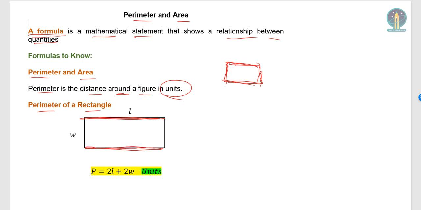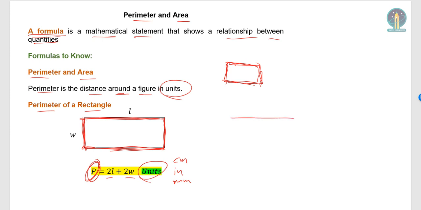And then twice the width, because the width is the smaller side of the rectangle, and you have two of it. So you add all these four sides together, you get the perimeter of the rectangle in whatever units the rectangle is defined in. These could be centimeters, inches, millimeters, etc.